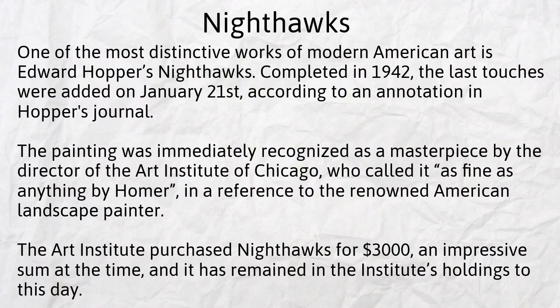The painting was immediately recognized as a masterpiece by the director of the Art Institute of Chicago, who called it as fine as anything by Homer, in reference to the renowned American landscape painter. The Art Institute purchased Nighthawks for $3,000, an impressive sum at the time, and it has remained in the Institute's holdings to this day.